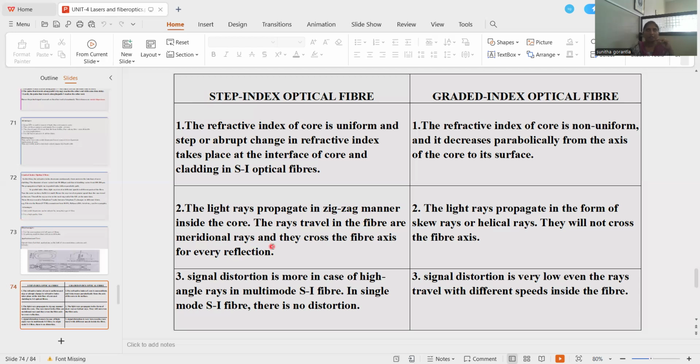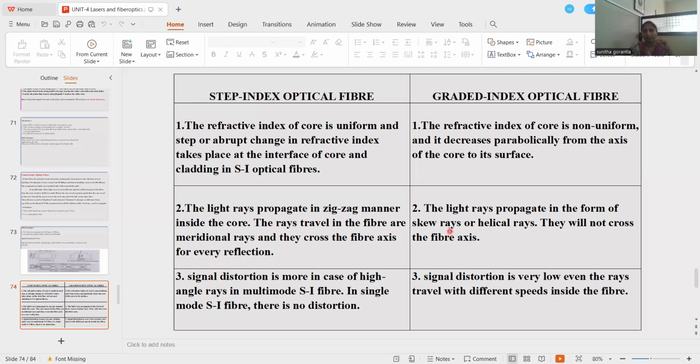Meridional rays means rays which cross the axis and travel. These rays are called meridional rays.